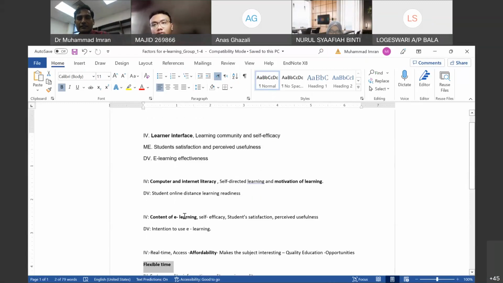These are the factors we found from the past literature. These are very important factors for student acceptance. You also discuss them in your problem statement, and you finalize only a few factors which nobody researched before, and this will be your theoretical gap.